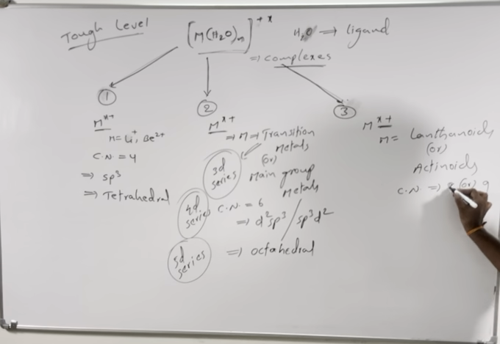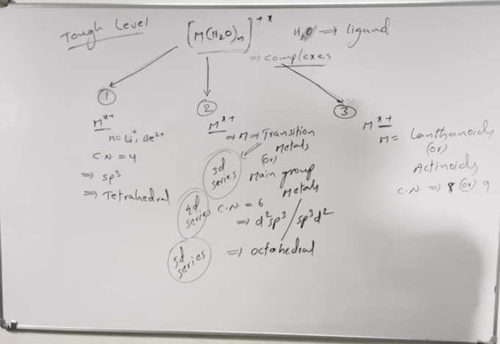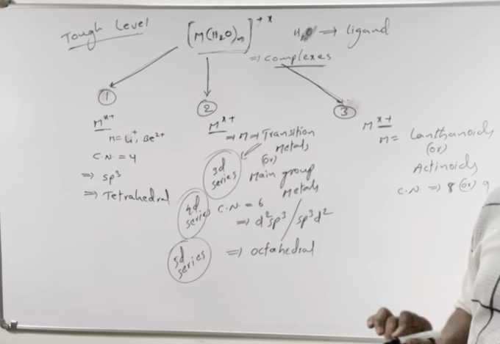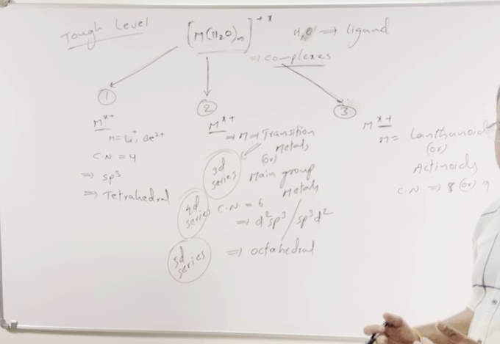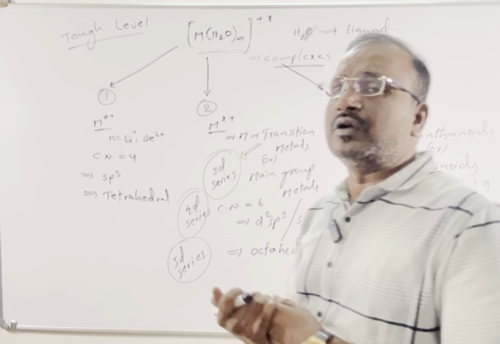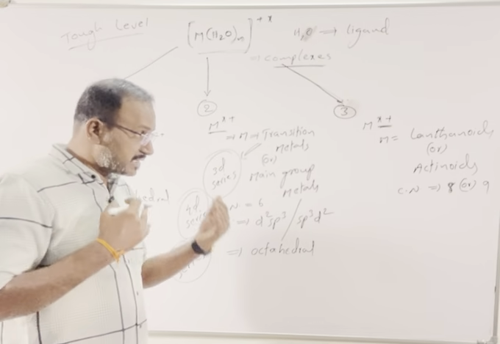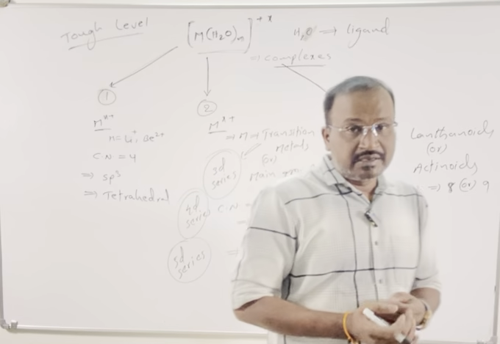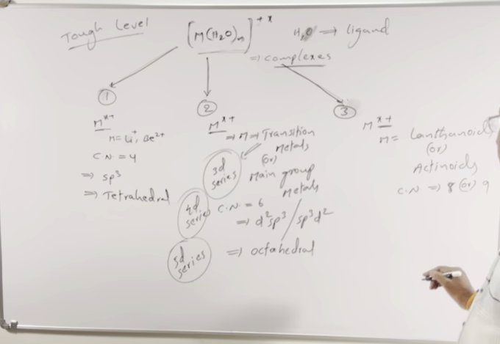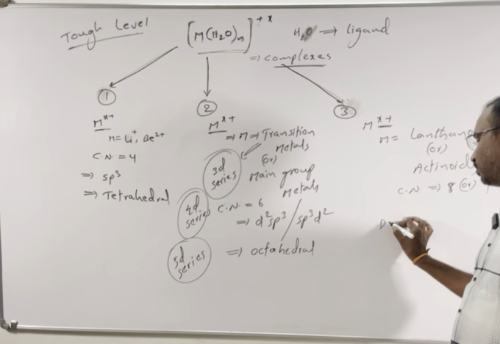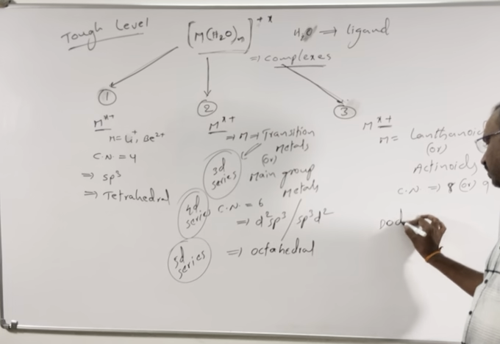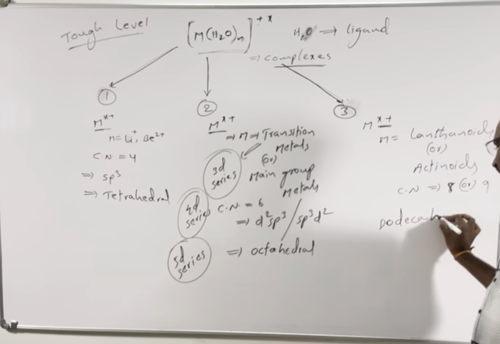In the case of lanthanides and actinides, the coordination number may increase to more than 6, and may be present as 8 or 9. The shape of that complex is dodecahedral.